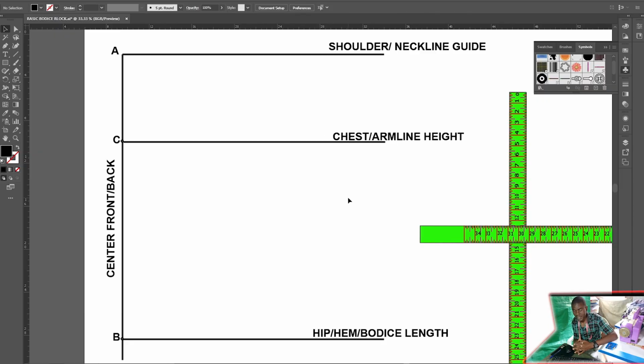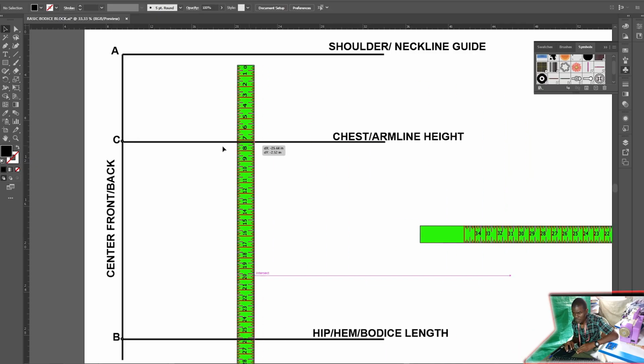Next is to determine the bust line. Also, from starting point A of the center front line, measure and mark downwards your bust line height. For this tutorial, we will be using a medium height female adult, of which her shoulders to the bust line height is 10 inches.